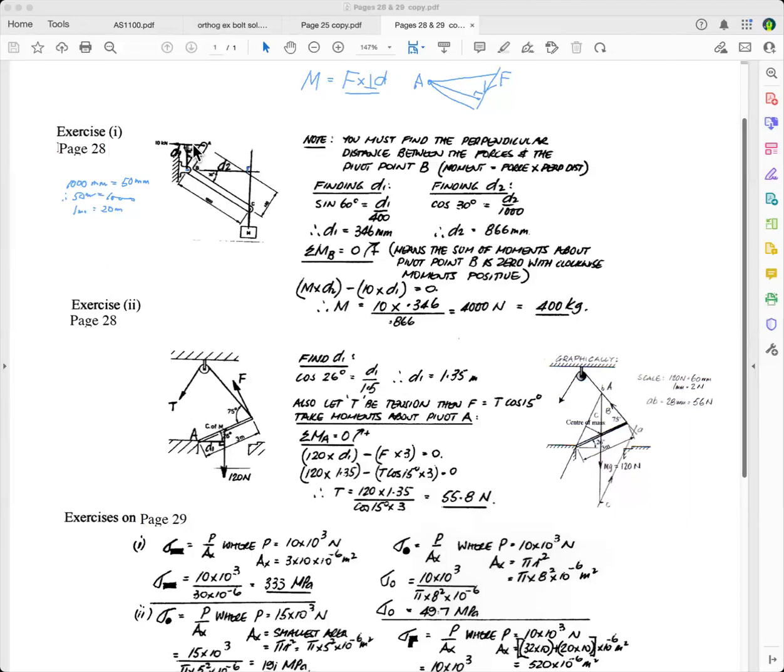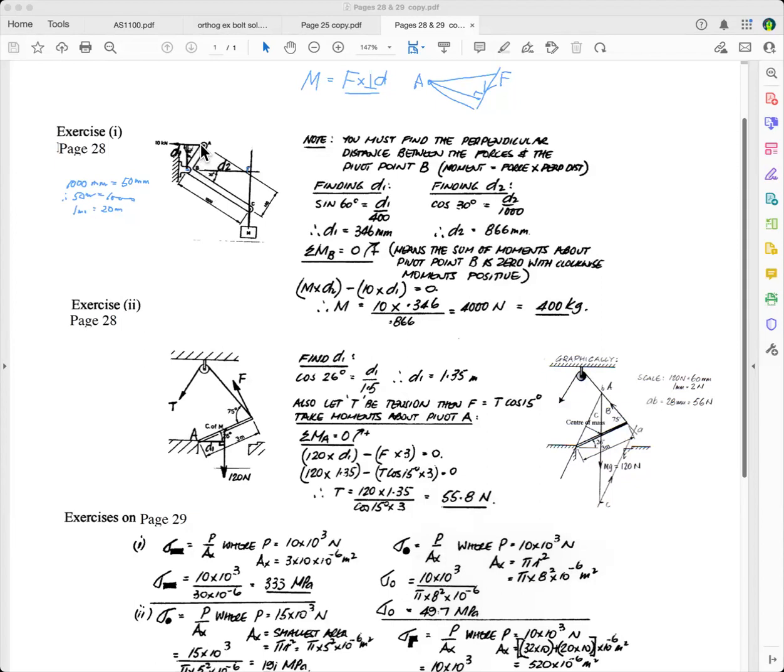That angle there is, well, if that's 30, this will be 60 here. And so sine 60 is equal to D1 over the hypotenuse, which is, oh, it's 400, I couldn't read it properly. And so therefore D1 is 346.